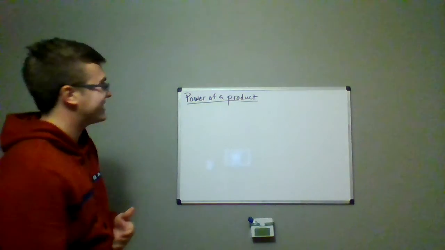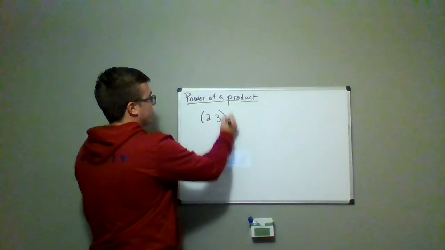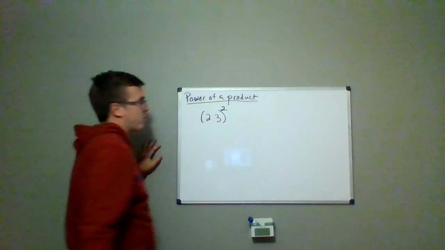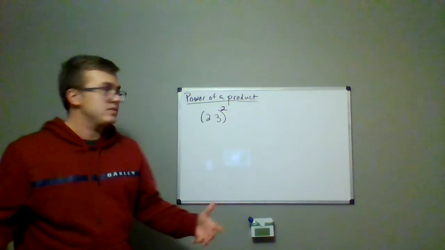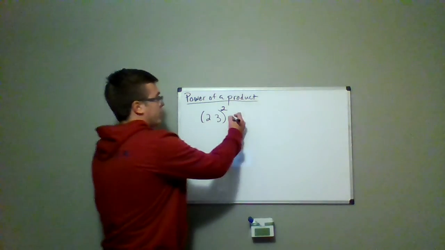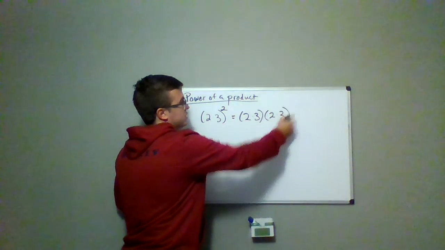So for example, if I had 2 times 3 to the, let's say, second power. What I can do with that is expand it. This whole chunk is to the second power, so I'm going to say 2 times 3 and then 2 times 3.